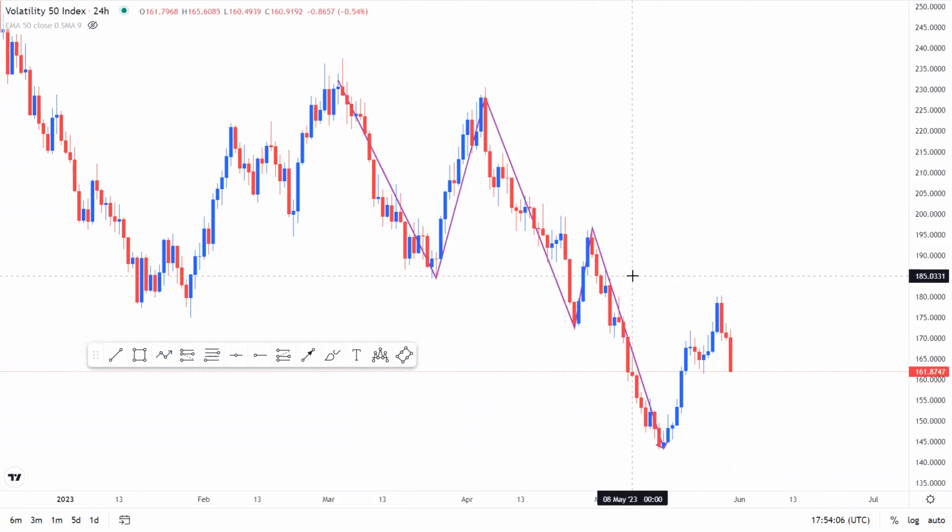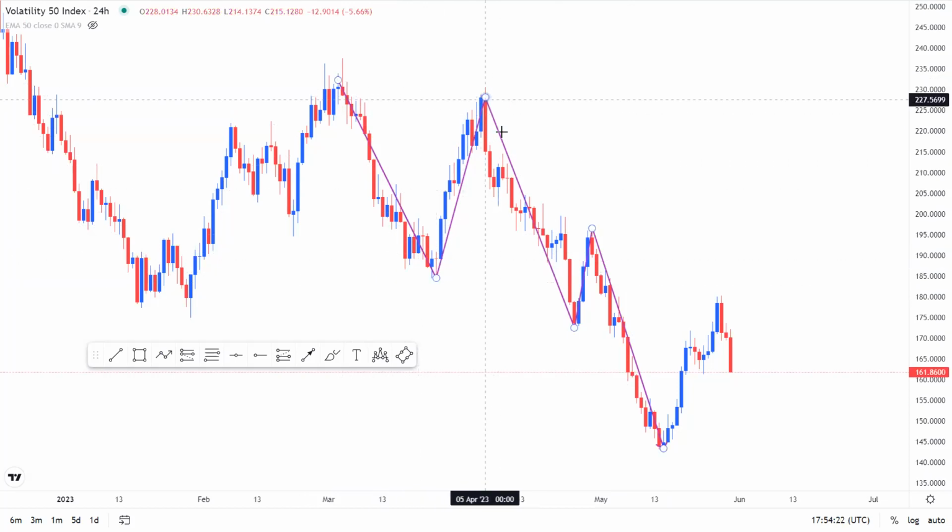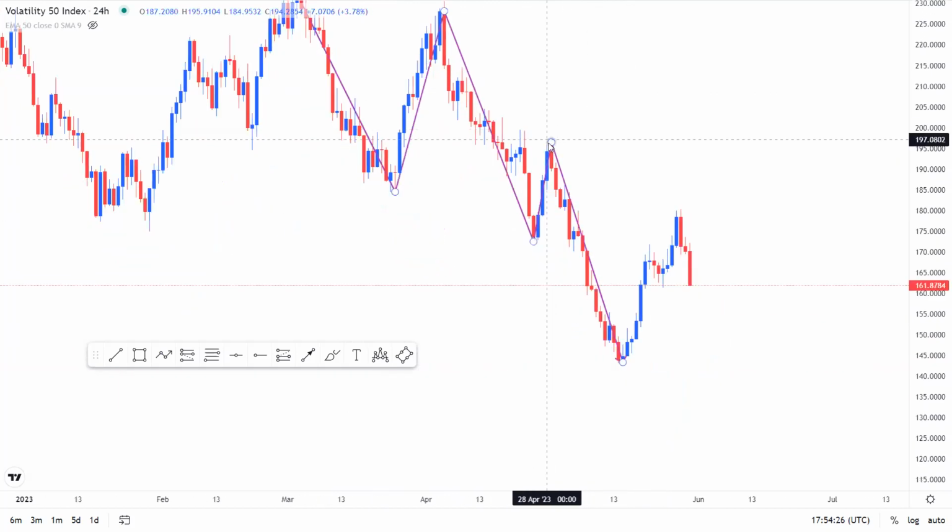So it's safe to say I want to be looking for selling opportunities, because the flow of the market is to the downside. Clearly, as you can see, for every impulse, we have a pullback. And then very clearly we had this sell-off, creating this lower low right here.